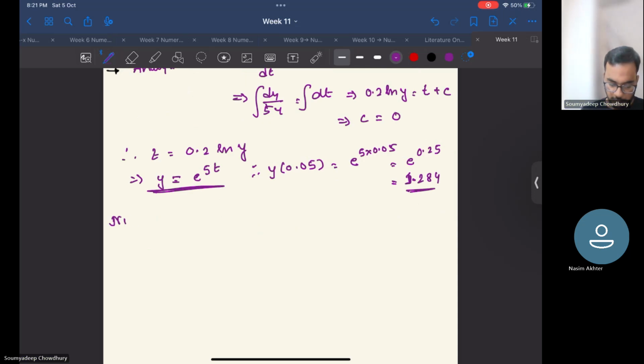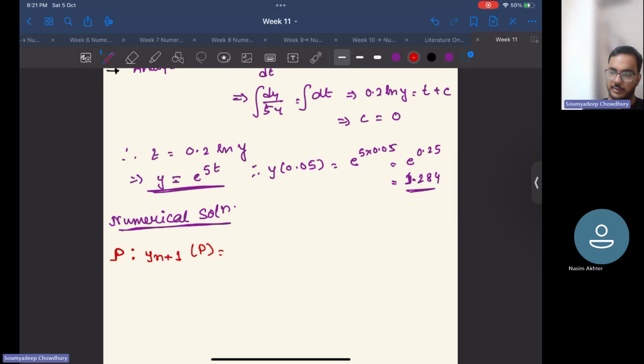Clear up to this, right? Yeah, it is clear. So Yn plus 1 predicted is equal to Yn plus h f of Yn.